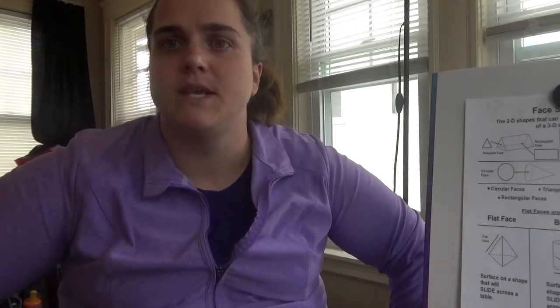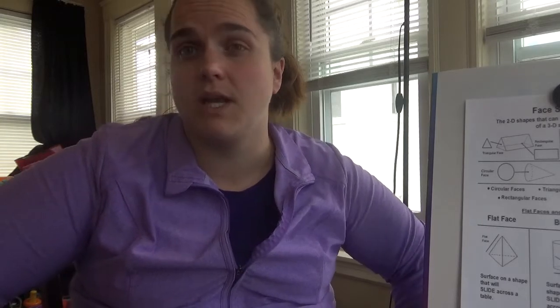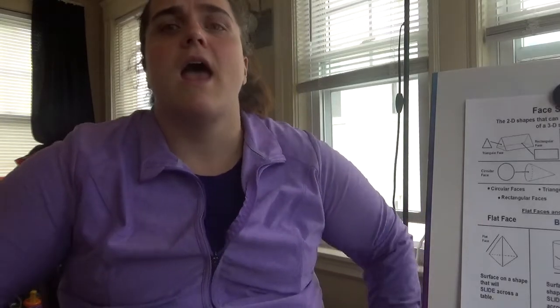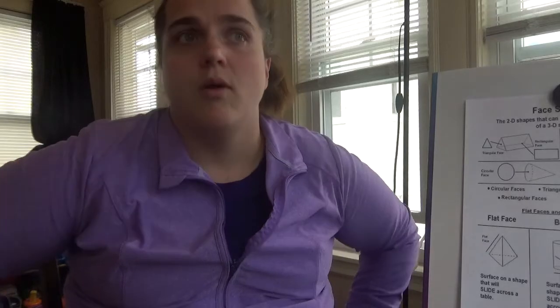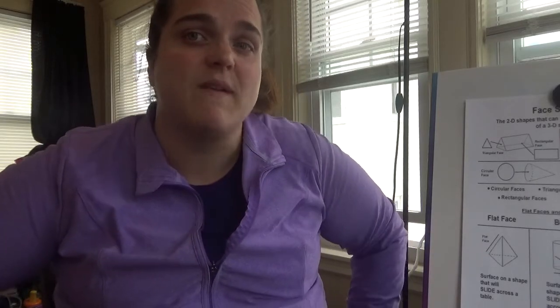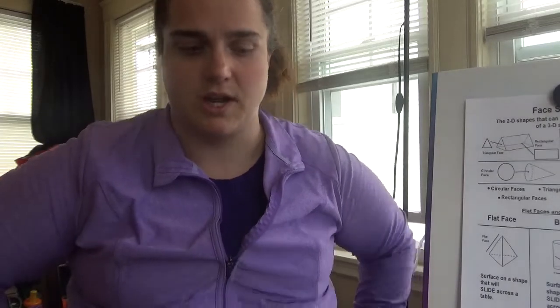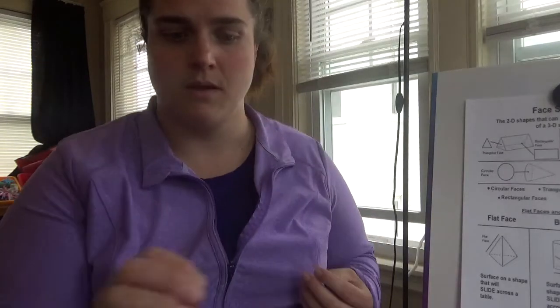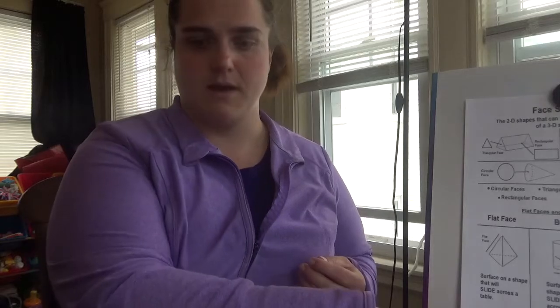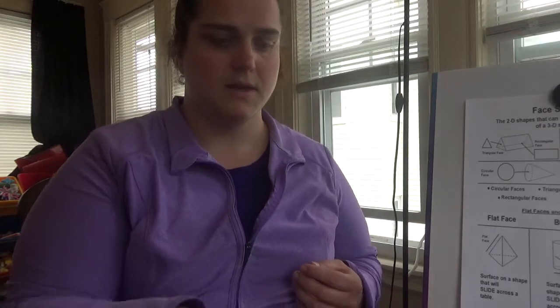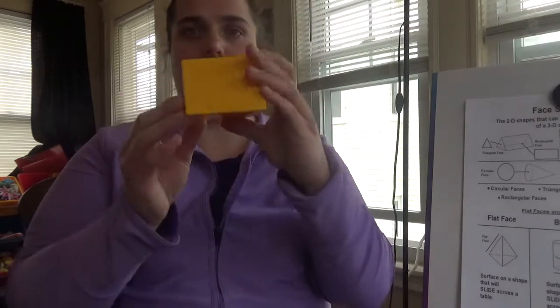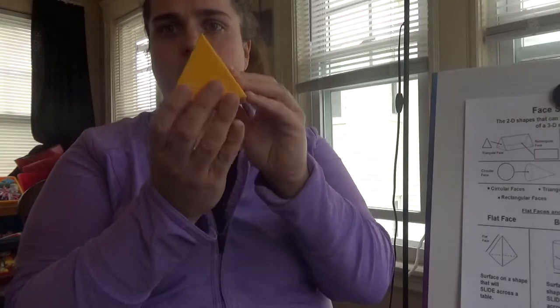But one of the first things that we're going to talk about when it comes to 3D shapes is that every side, or what we call with 3D shapes, every face of a 3D shape is made up of a 2D shape. So for example, we'll use this as our example right now. This shape is a 3D shape.